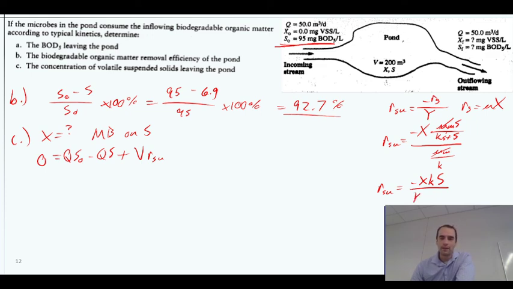Divided by Ks plus S. Like I said, annoying that there are so many Ks here, but we'll take that and put it into our mass balance.